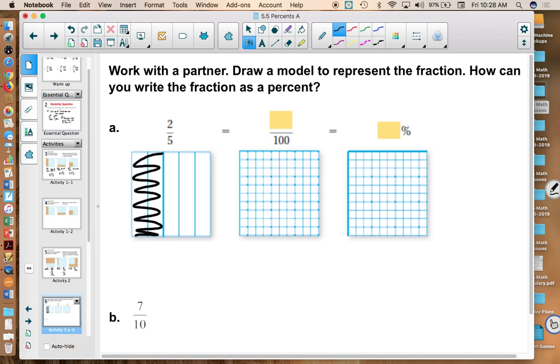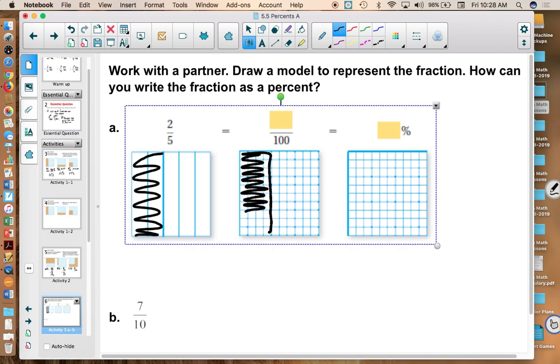What do I multiply 5 by to get 100? Tyler? 20. Times 20? Yeah. So I need 20 squares then? Is that what I need? No, 40 squares. Oh, I need 40. You're right. So do you agree right here? Okay, I got it all colored in. And we said that's 40. Right? Okay. So what's its percentage? 40%. Good.